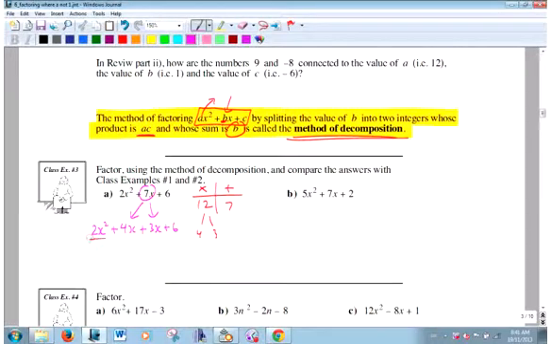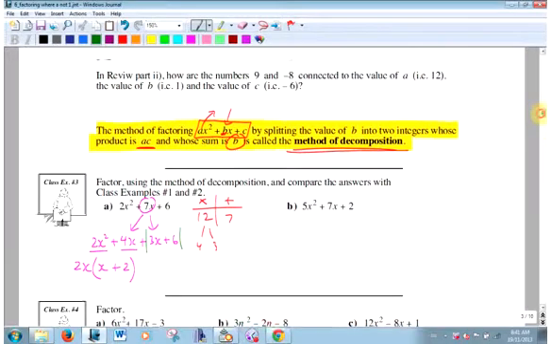What can I take out of 2x squared and 4x? 2x. 2x goes into 2x squared, x times. 2x goes into 4x, 2 times. Okay, factor the next 2. And if this helps, hey, do it. Put a couple sticks there.